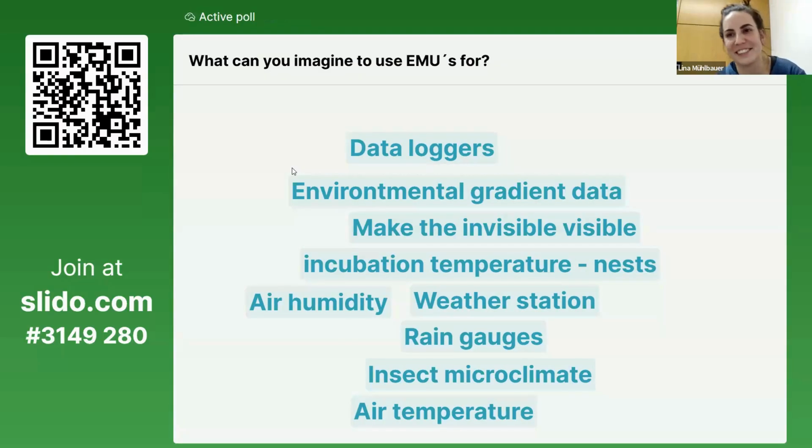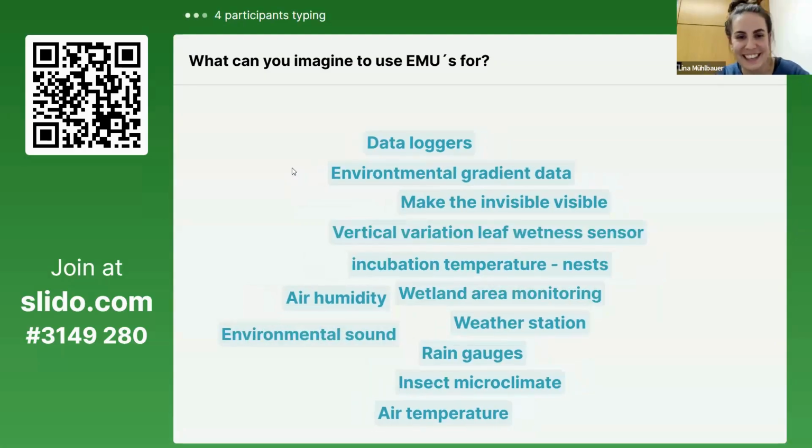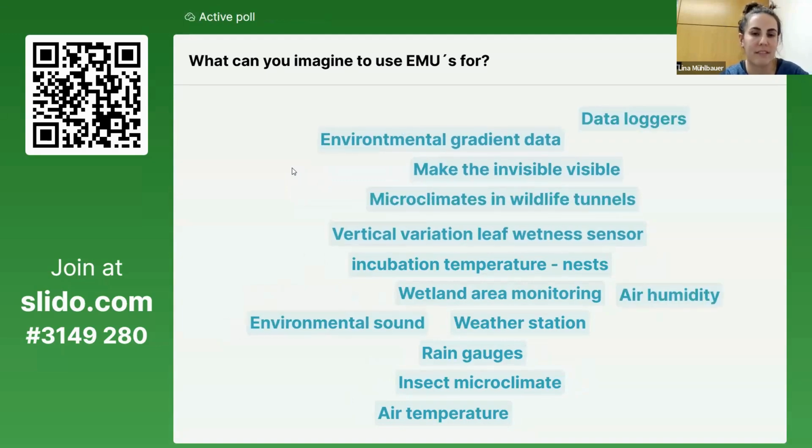Oh, that's super cool stuff. And there's also, I think, by now a broad range of literature from camera traps and all of that, where these kinds of sensors are used.